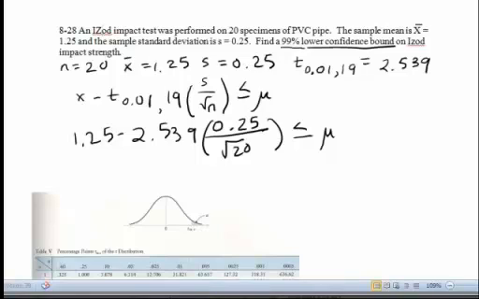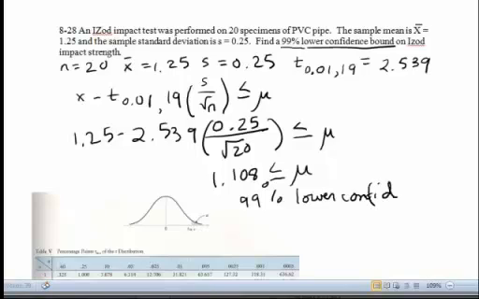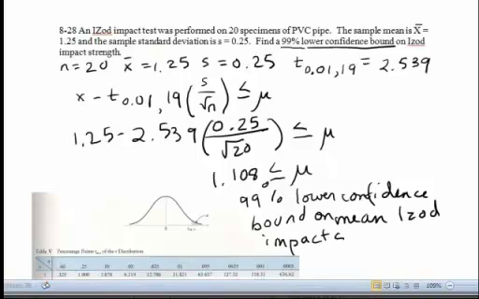If you calculate out that number, it should be 1.108 is less than or equal to mu, and that is our 99% lower confidence bound on mean Izod impact strength. Ta-da!